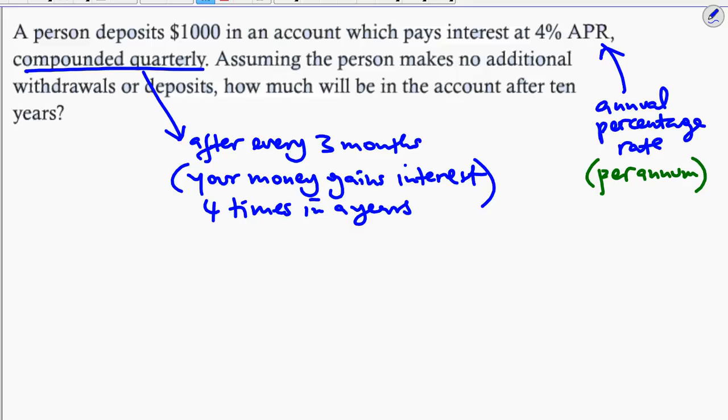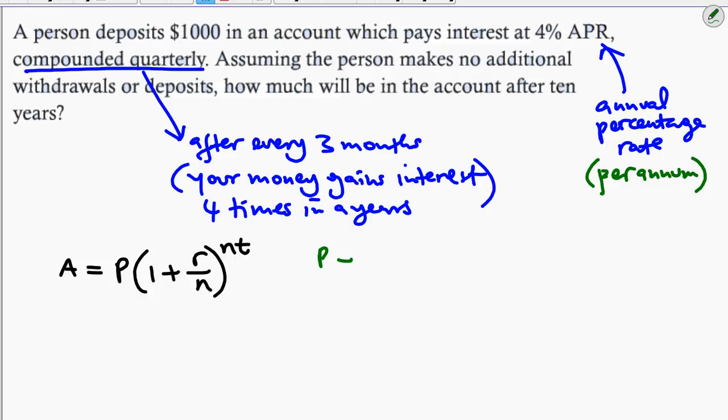So let's try and identify the parameters that we need to plug into the formula. Now remember, our formula for compound interest is amount is equal to P times (1 plus R over N) to the power N multiplied by T. So let's see.